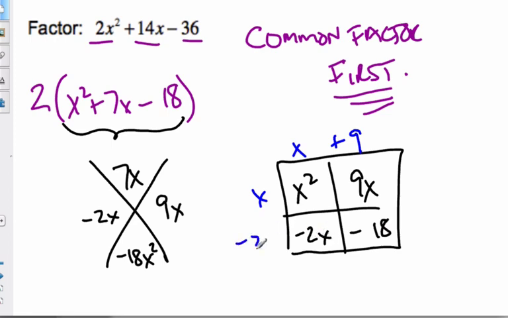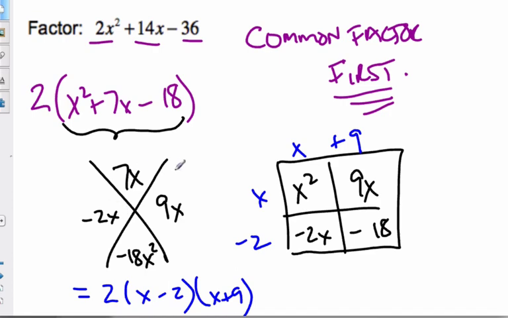If this value is negative, I take out a negative as a factor. And so then, putting the factors in, I write the 2 again. And then this inside part becomes x minus 2, x plus 9. And the 2 just stays until the end.